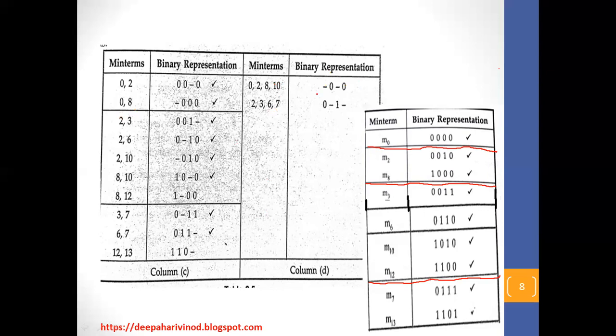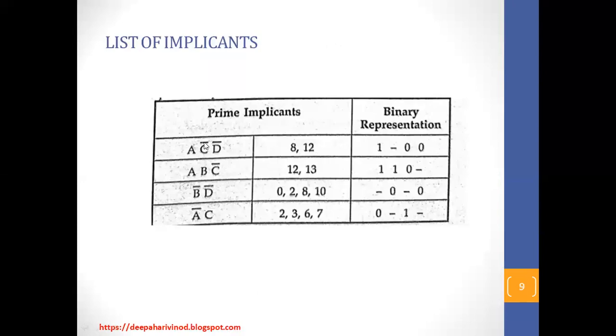So the corresponding comparison is done. We will be getting here 0, 2, 8, 10. For the rest, you can notice this doesn't have the tick mark, and this also doesn't have, and this too. So these will be the prime implicants. 8, 12, 12, 13, 0, 2, 8, 10, 2, 3, 6, 7 are the prime implicants here. The corresponding binary representation is given.